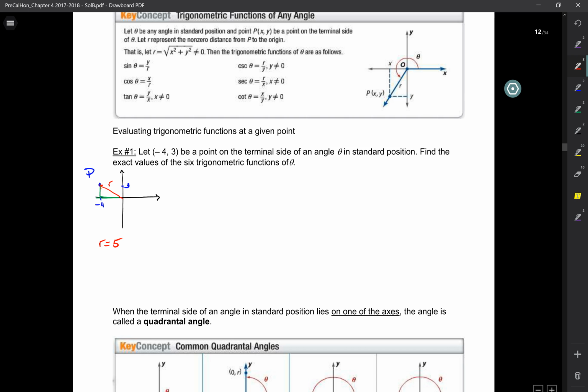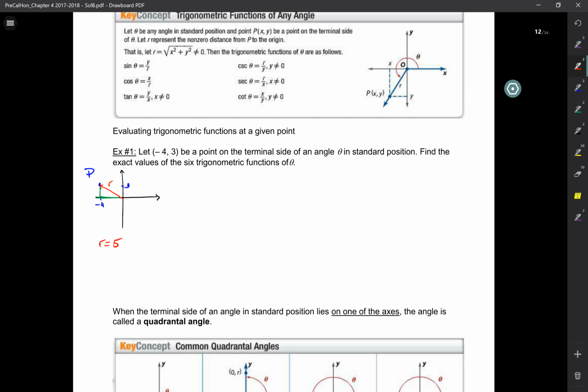Now, do you have to show me the Pythagorean theorem to get 5? You know what? No. At this point, you should know that 3, 4, 5 is a right triangle. So don't waste time showing me. Now, if it's something like 19 and 13, and you have to write it out, of course you have to write it out.